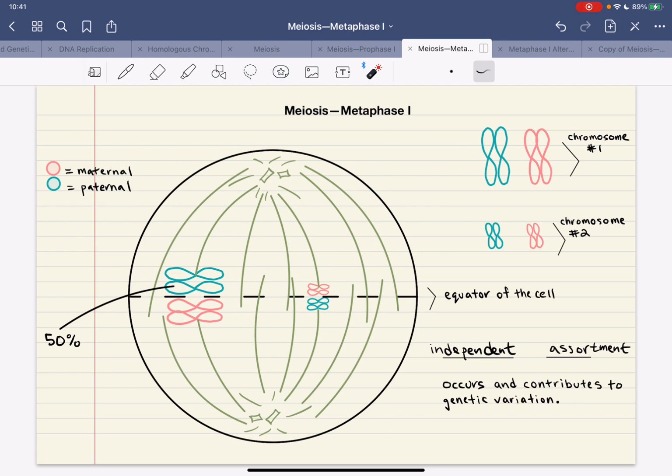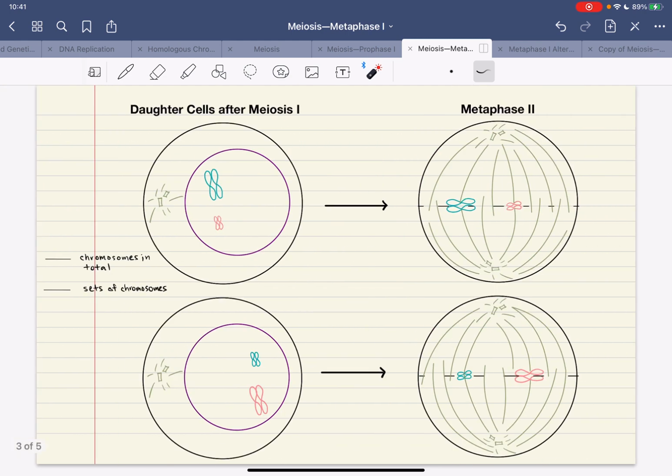Now we've finished the 2 important phases, so we're actually going to skip past anaphase, past telophase, and just skip to the end result. So how would that look? The 2 daughter cells would look just like this.